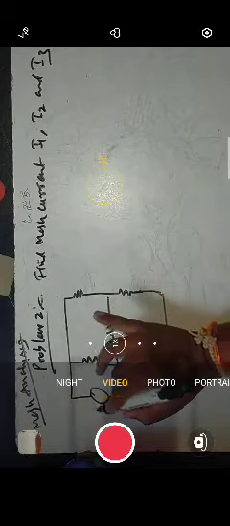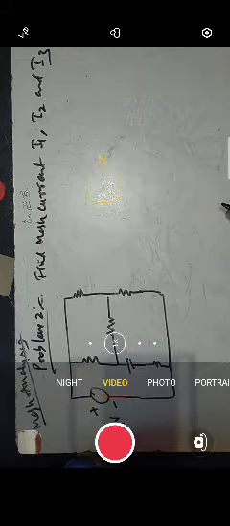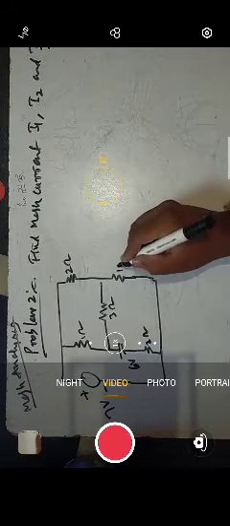This is plus minus 7 volt. This is 1 ohm resistance, 2 ohm resistance, 3 ohm, and this is 6 volt, whereas this is 2 ohm and this is 1 ohm. This is the circuit diagram given.